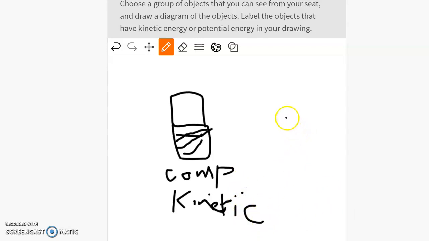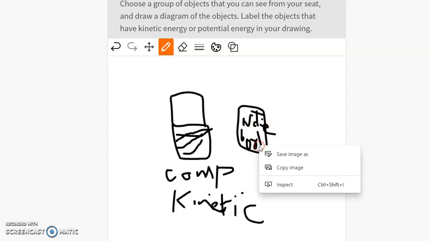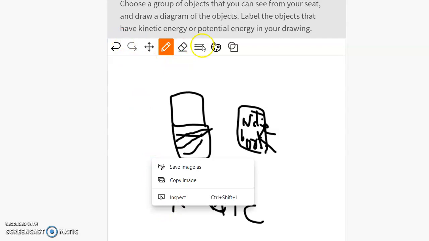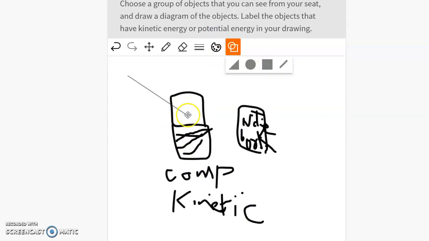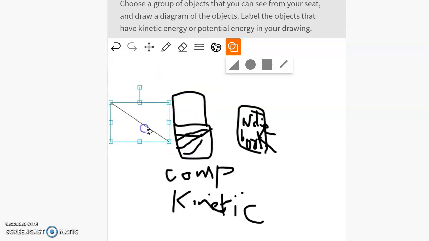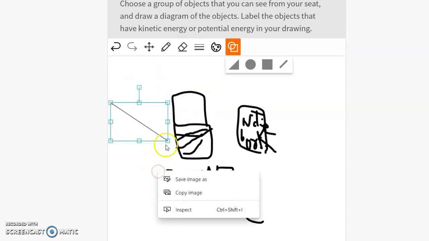But next to it, I have my notebook. Okay, I'm going to draw an arrow just showing that I know that this is kinetic.